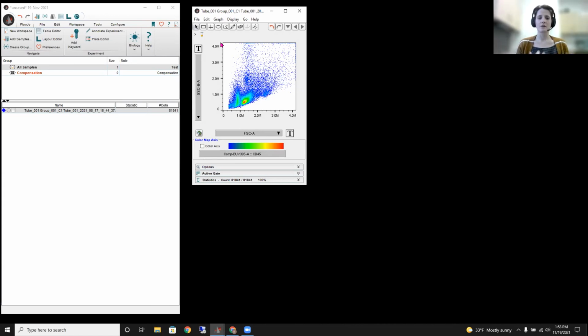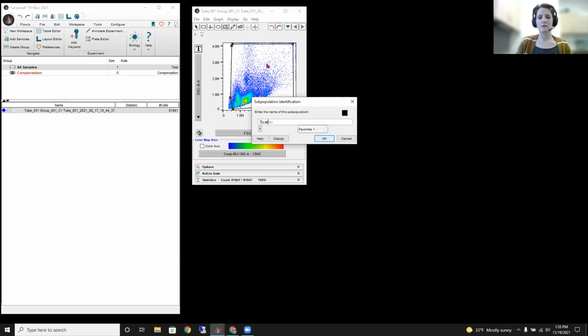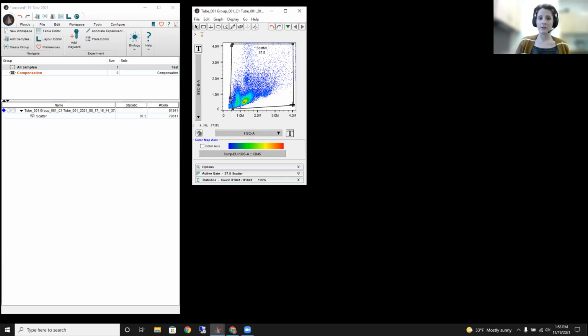But if you're starting out, you're not really sure, right? More often than not, what you're going to do is try and cut out some of the small debris, and any of these larger populations you're going to include in your analysis. So if an investigator comes in and does that, they say, okay, this is my scatter profile. Again, I'm keeping it open because I'm looking for all sorts of different cell types.